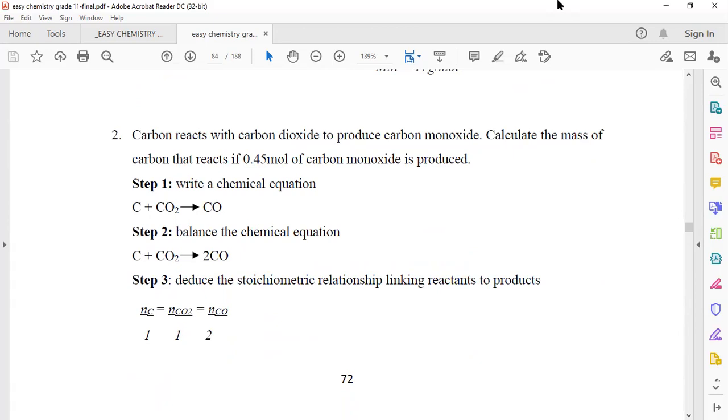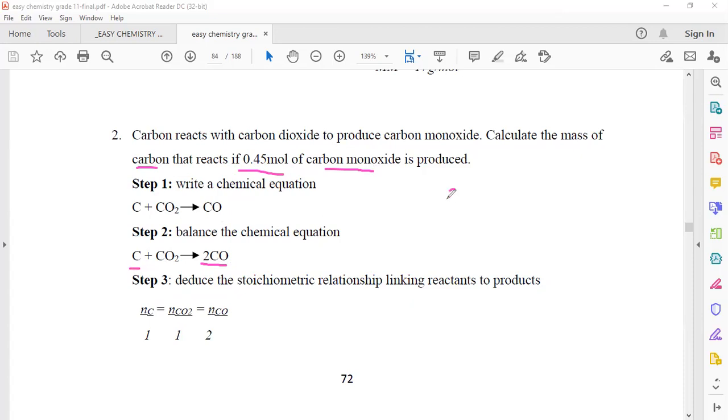We have been given 0.45 moles of carbon monoxide. If you look at this, they're asking you to calculate the mass of carbon. If this equation is balanced, they are talking about carbon monoxide and carbon.